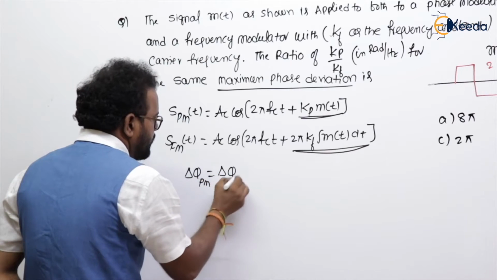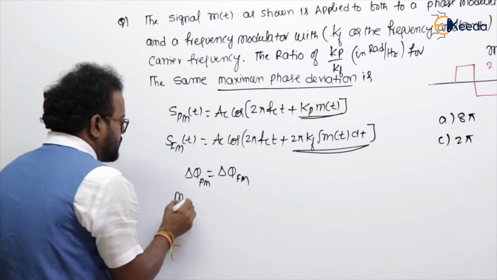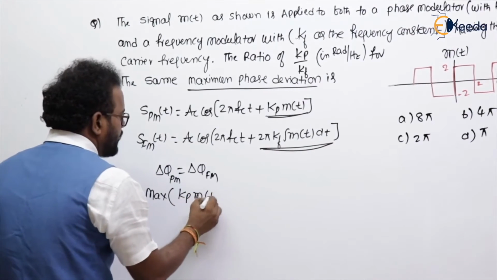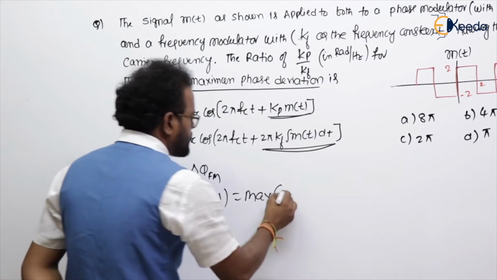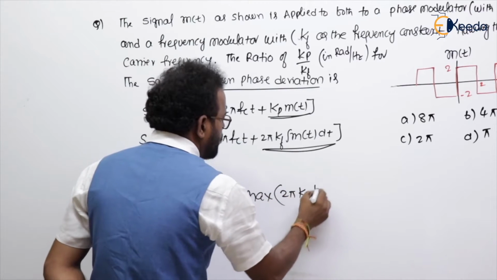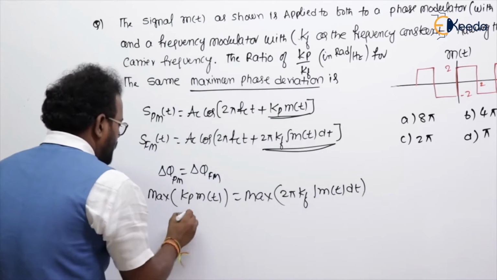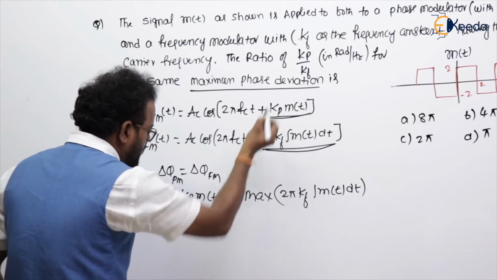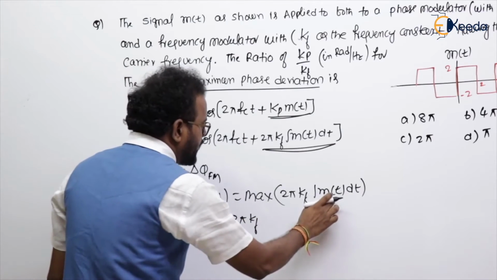This is PM, this is FM. What is the delta phi? For PM, the maximum of the phase value is Kp into m(t). Here for FM, the maximum value of phase is 2πKf ∫m(t)dt. Kp is a constant outside, take the maximum value of m(t). See the signal. 2πKf is constant. What is the meaning of integral?